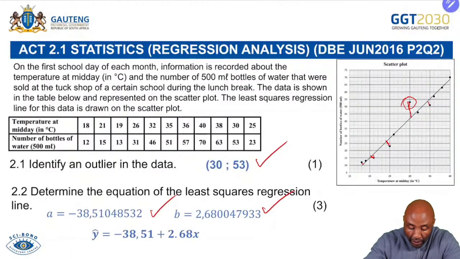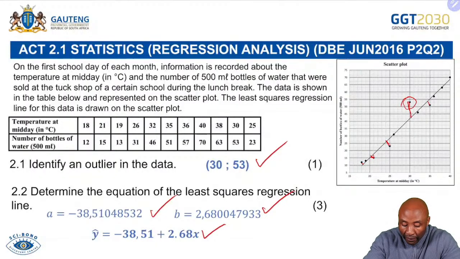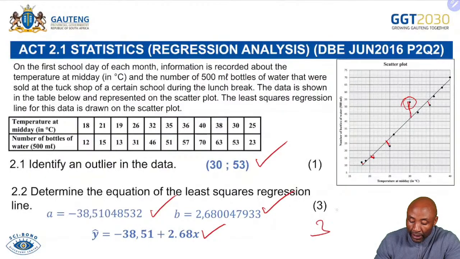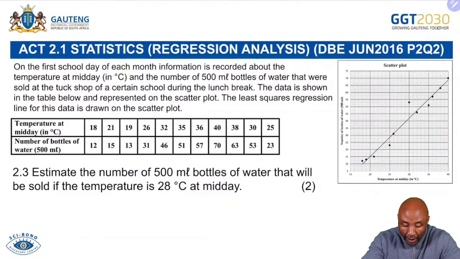Then we get our equation as y equals negative 38,51 plus 2,68x. We get our 3 marks there. Now, I would ask us to answer that question.